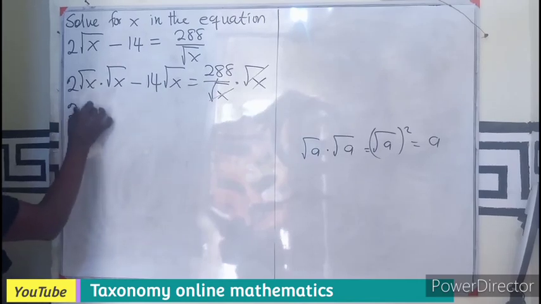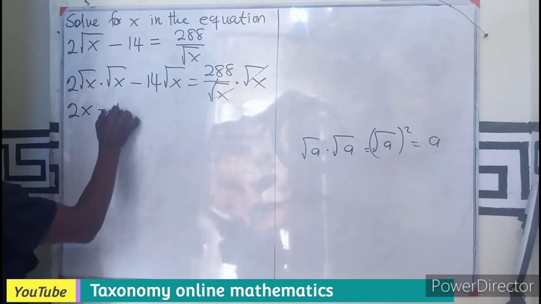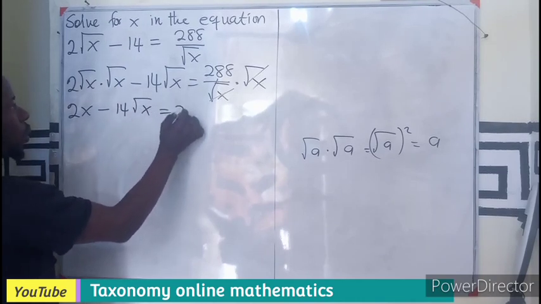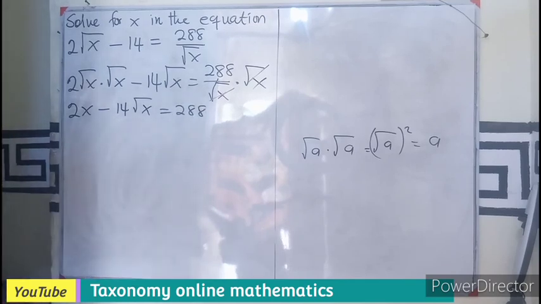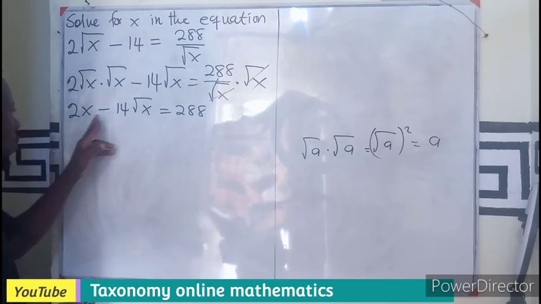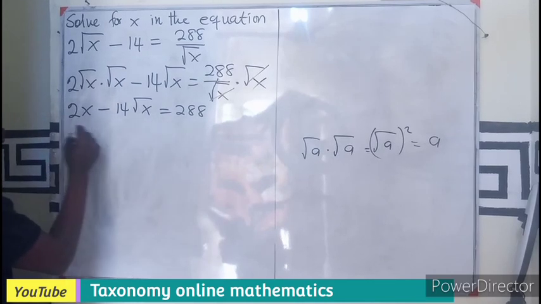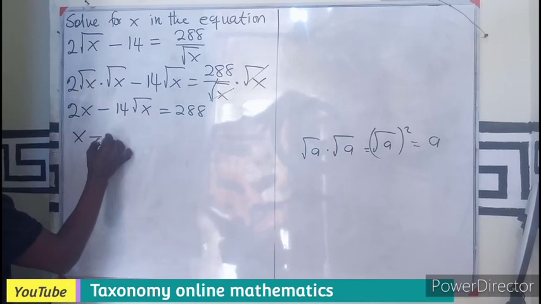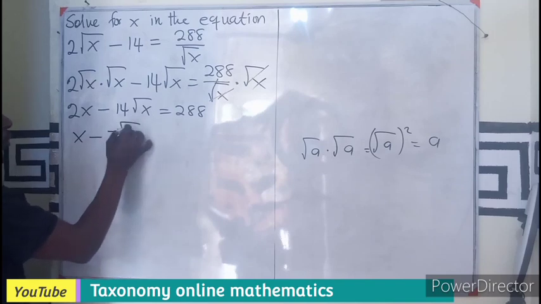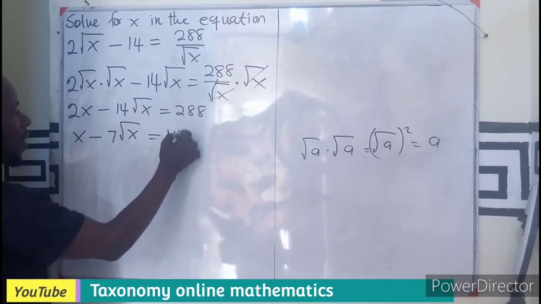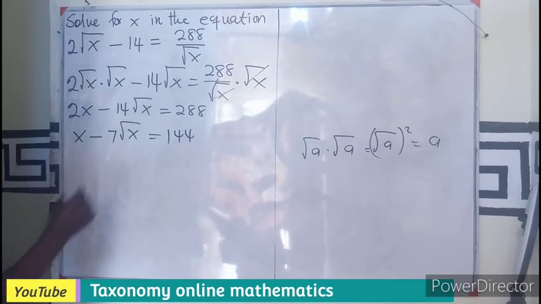So 2x minus 14 root x equals 288. I believe 2 can go into all of them, so I first of all divide through by 2 to get x minus 7 root x equals 144.